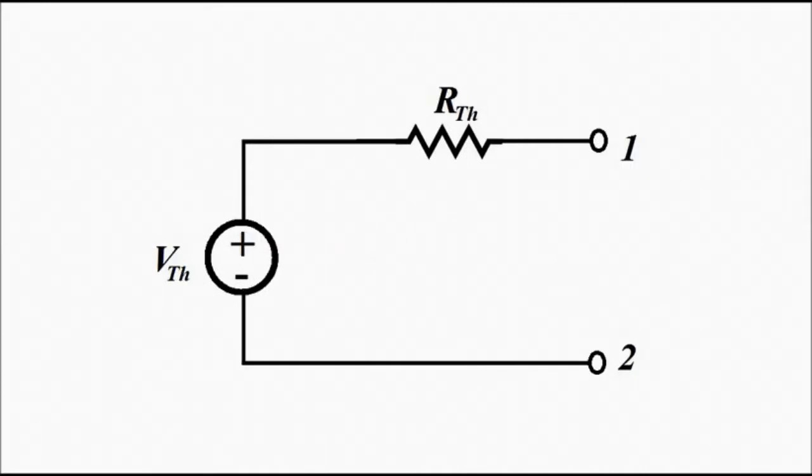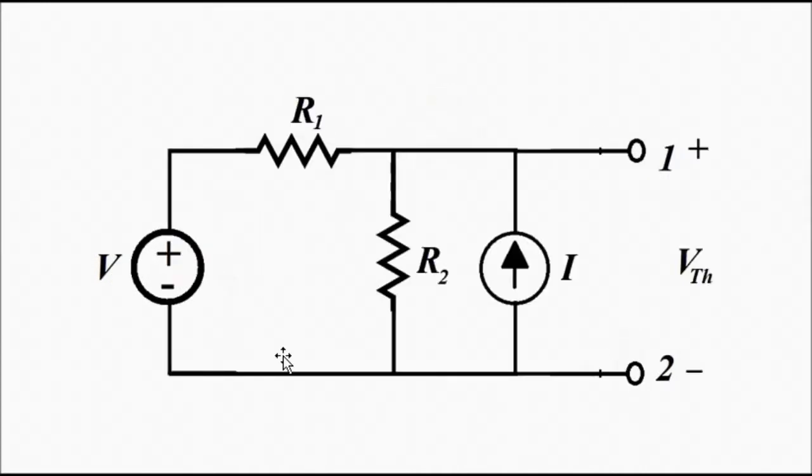We have to determine it using any circuit analysis technique, be it mesh analysis, nodal analysis, source transformation, star delta transformation, current division rule, voltage division rule, KVL, KCL, whatever is needed. We will apply it and find this voltage.